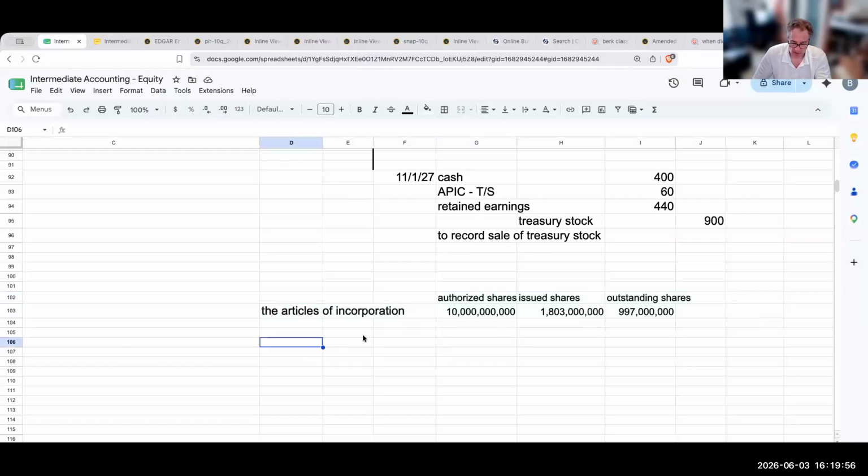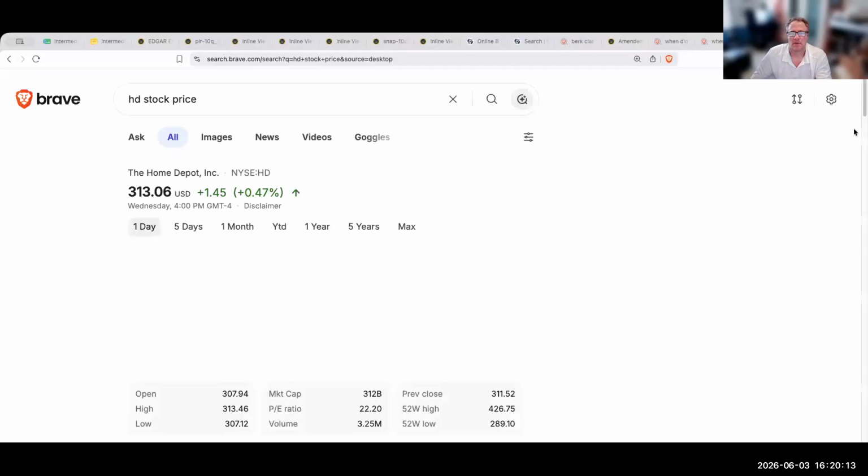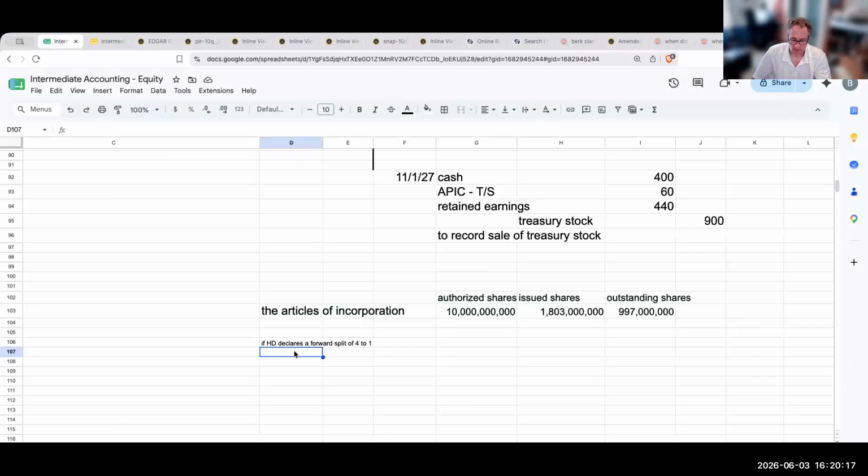If Home Depot declares a forward split of 2-1, or let's do 4-1, and the Home Depot stock price is 313 bucks, I'll call it 300 on the day of the split.